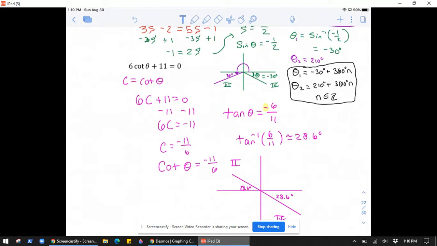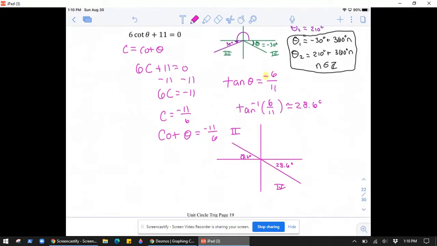Okay, so how do we express our answers? Well, we can do one of two things. We can say theta is equal to, we have to call that -28.6 degrees plus all multiples of 360. And that's the first set of solutions, the ones from quadrant 4. The second set would be, well, let's think.